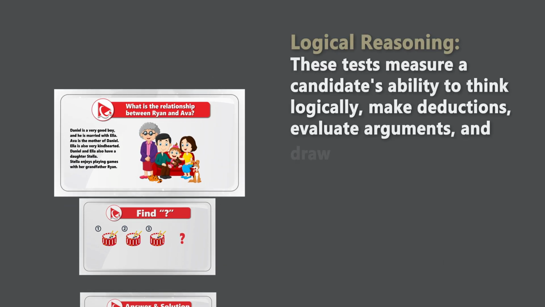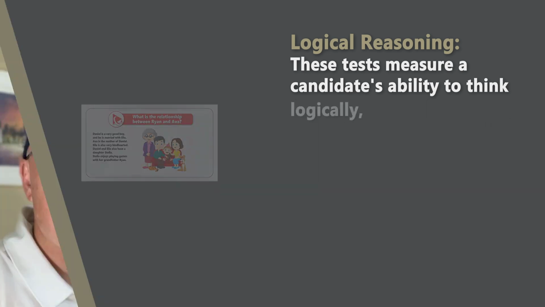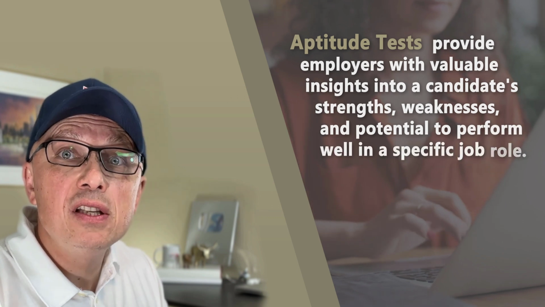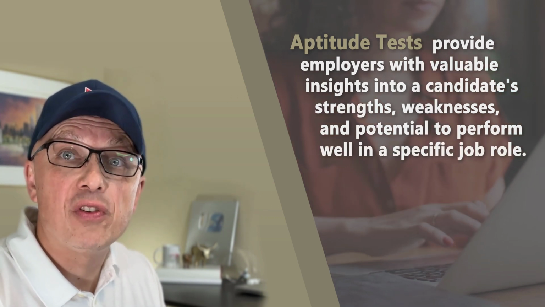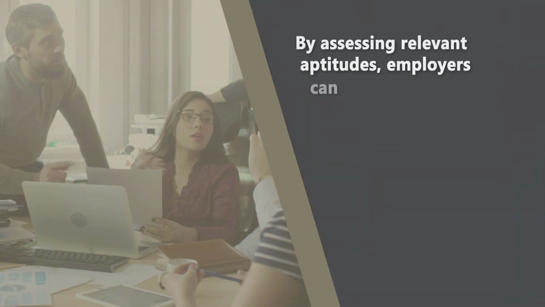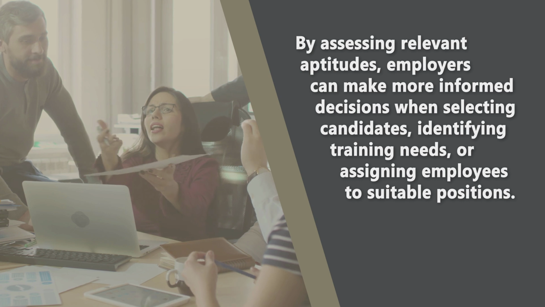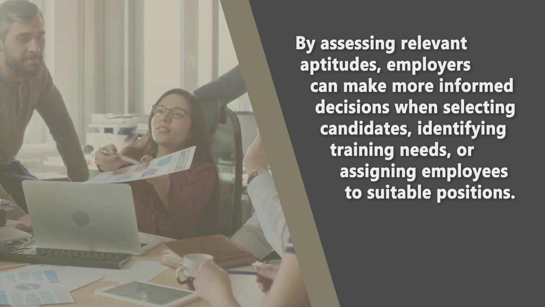Logical reasoning questions measure candidates' ability to think logically, make deductions, evaluate arguments, and draw conclusions based on the given information. Aptitude tests provide employers with valuable insights into candidates' strengths, weaknesses, and potential to perform well in a specific job role. By assessing relevant aptitudes, employers can make more informed decisions when selecting candidates, identifying their training needs, or assigning employees a suitable position.